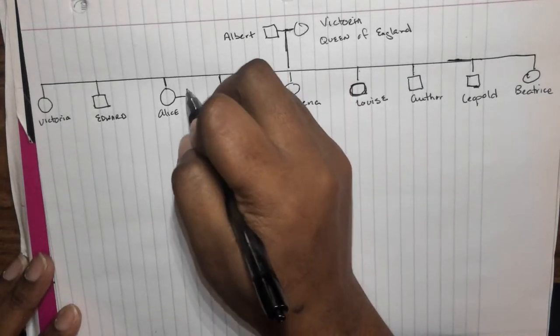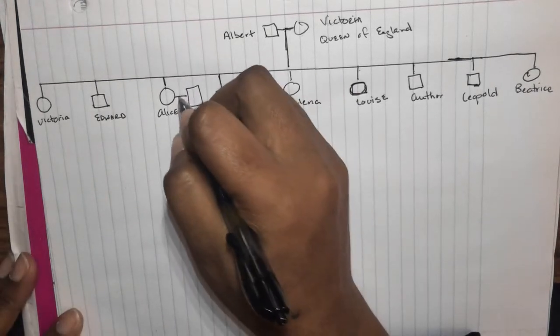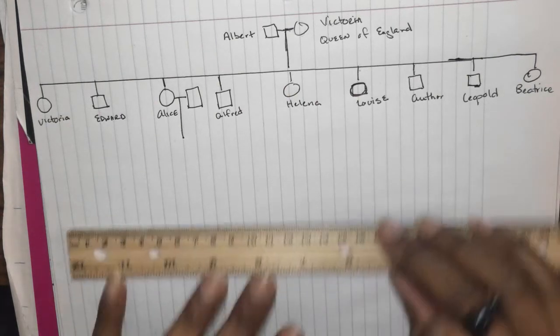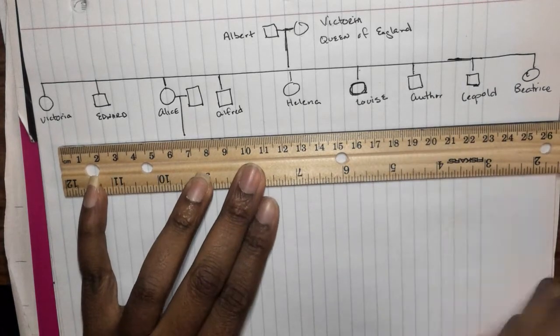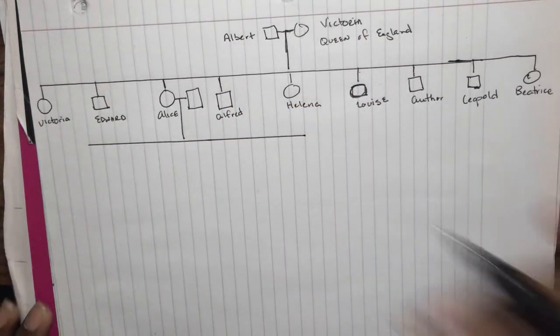Alright, so Alice marries this guy. His name is Louis of Hesse. Who cares? He's just a guy. Alright, so Alice marries this guy and they get busy, because this is what they did back in the day. They had lots and lots of kids.